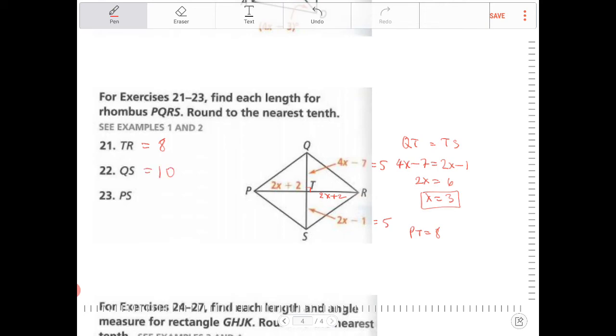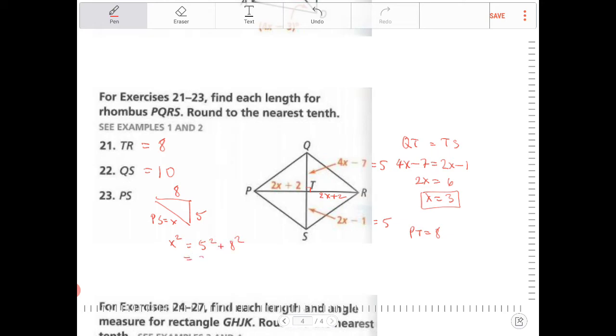And PS, well, this is going to be a Pythagorean Theorem problem. PT is 8, TS is 5. So that means PS, which is this guy right there, I'll call x, x squared is equal to 5 squared plus 8 squared.